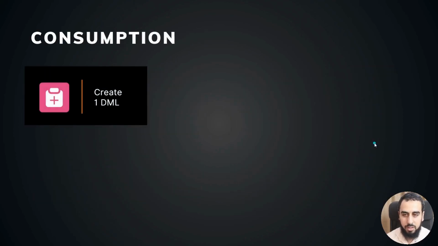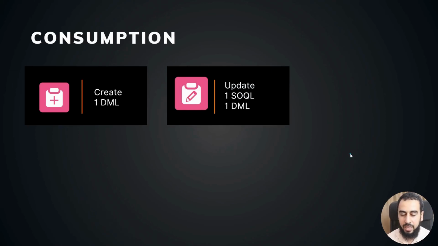Now let's talk about consumption. When you use a create element, that consumes 1 DML. If you use an update element with a filter criteria, it's going to consume 1 SOQL plus 1 DML. If you use an update element without a filter criteria, it's going to consume 1 DML only.